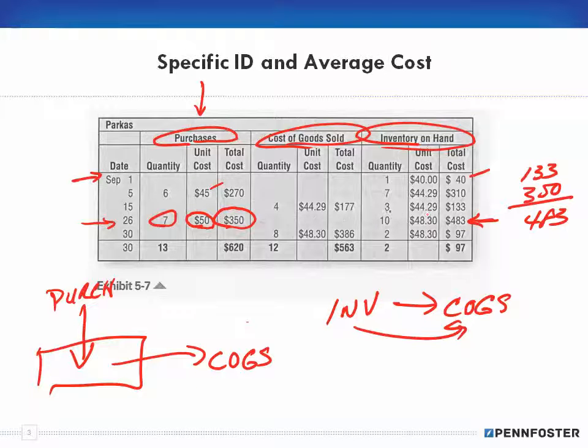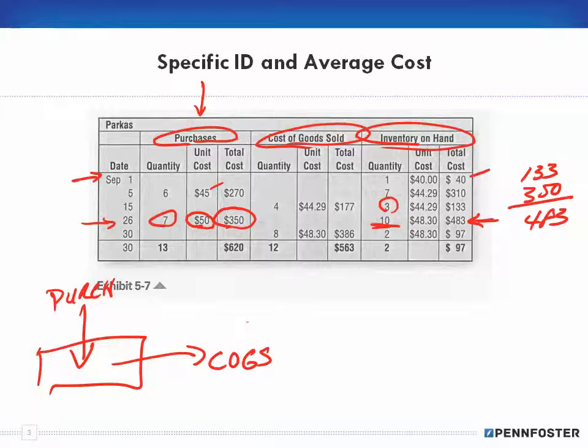my unit cost is going to change. Why? Because I had 3 before, and I just added 7, so now I have 10 in my inventory. But the total value of my inventory is $483.